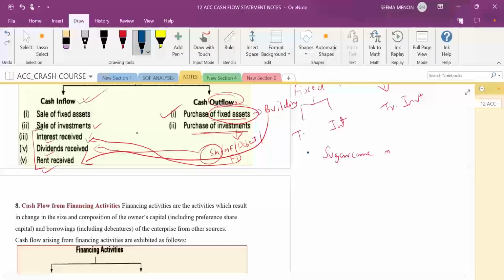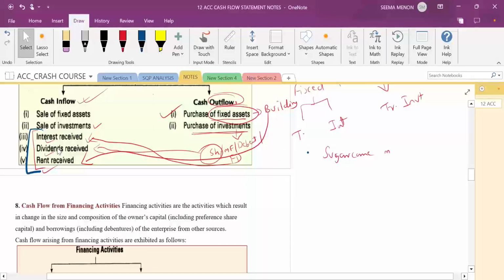And these last three items are the benefits we get from our investment. So it comes under investing activity, even though we are getting it routinely. But we cannot consider this as an operating activity. Yes, definitely we will be showing it as a credit in the statement of profit and loss. Our profit will increase, but it is a non-operating income because it is not going to affect the operating activity.